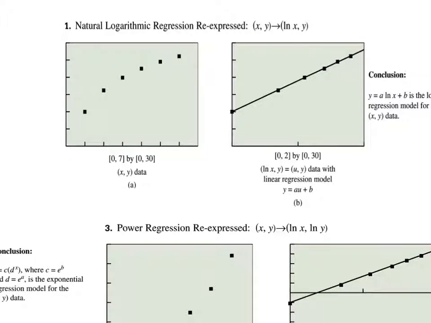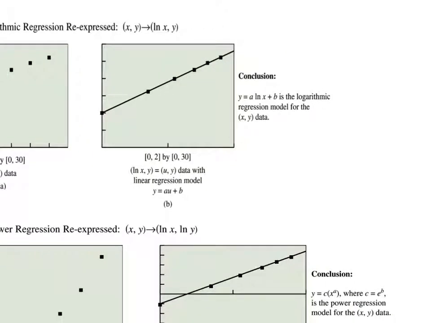See how the data becomes a straight line? So (ln x, y) will equal (u, y) data with linear regression model y equals au plus b. So it's a linear model. So what's our conclusion? y equals a ln x plus b is the logarithmic regression model for the (x, y) data.